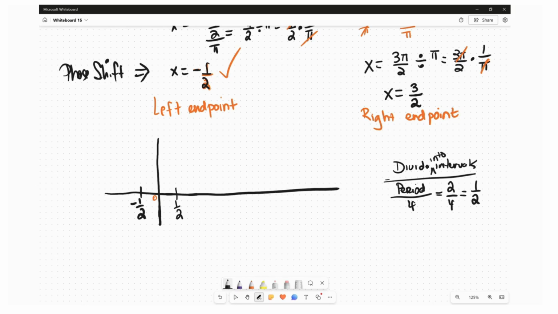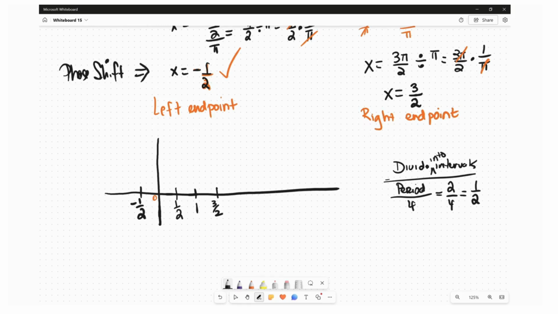Where are we? 1. And then we add another half. Where are we? 3 over 2. That's where we wanted to end. That is our right endpoint.